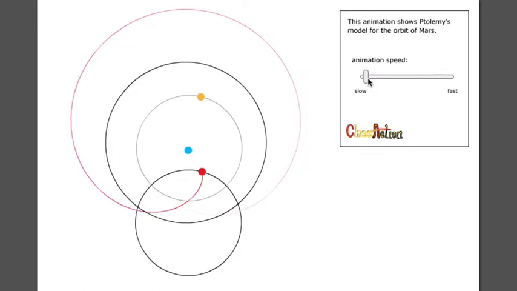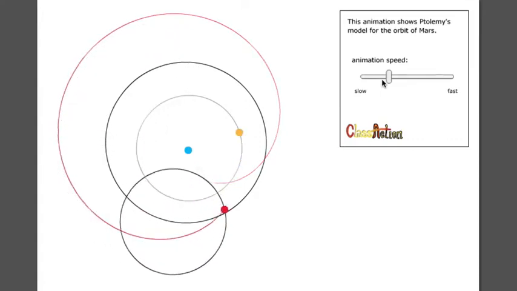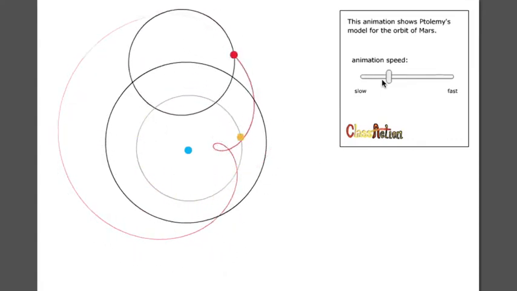The basic idea is that to understand how Mars moves, you imagine that there is a circle around Earth called the deferent. Essentially, Mars moves along this deferent, but it's not on the deferent itself. On the deferent rolls an epicycle, which turns itself, and Mars is at a fixed point on this epicycle, so that as the animation runs, you see that the motion of Mars rather resembles what we saw in the picture.